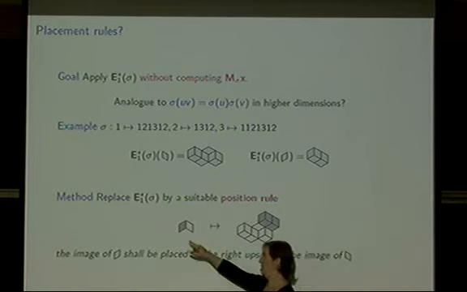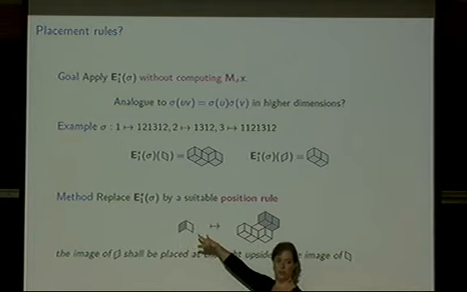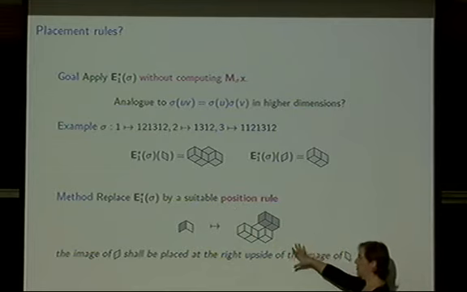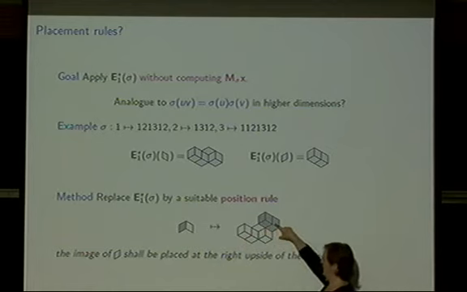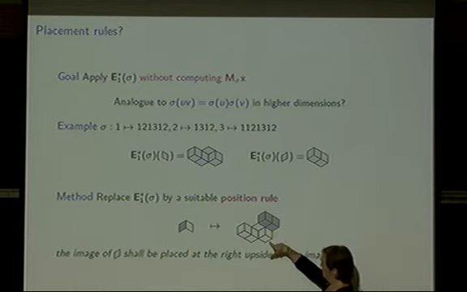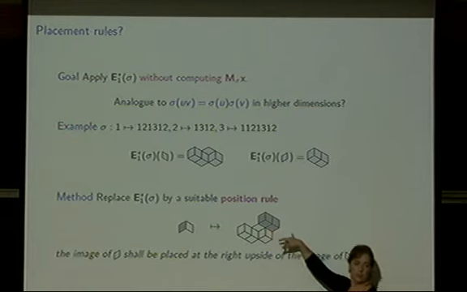The question is, what is the position of the images? This shape goes here, and I will put the image of the white one at the down left side of this one. I can compute these positions.